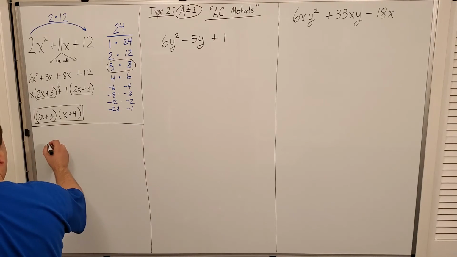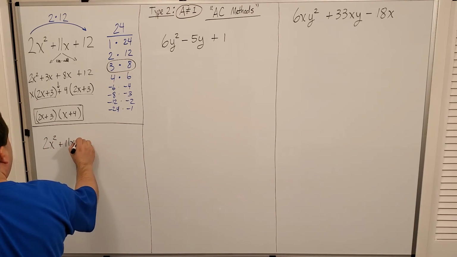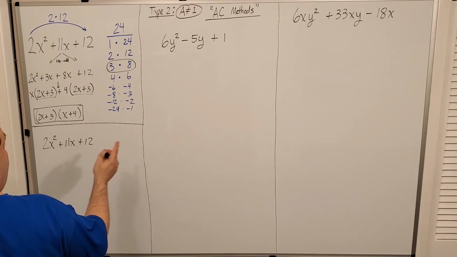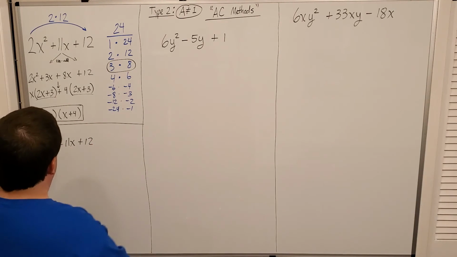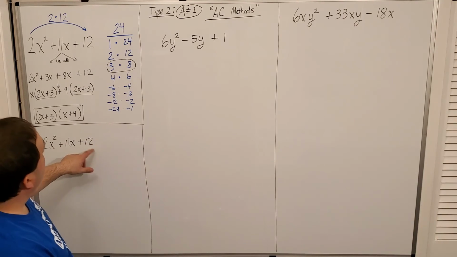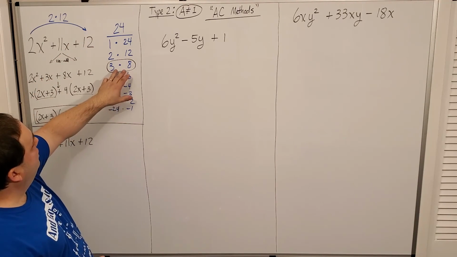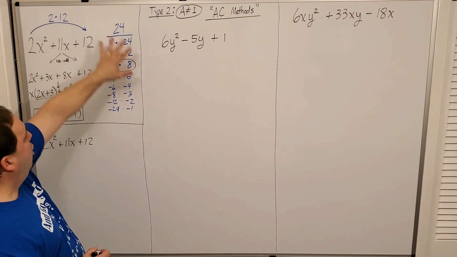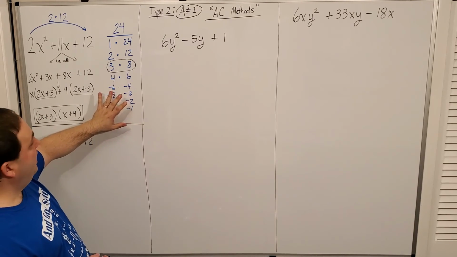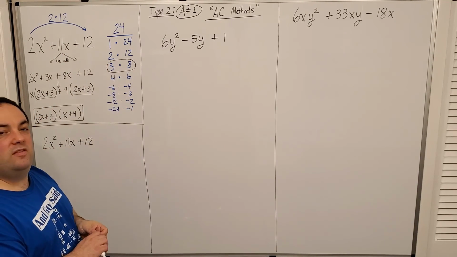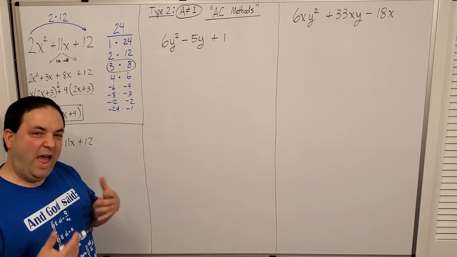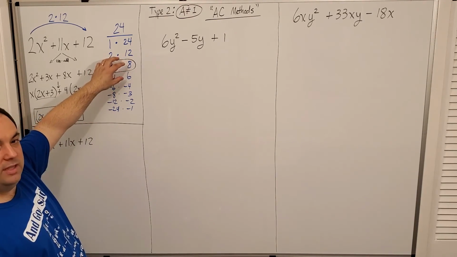So I have my 2x squared plus 11x plus 12. And just like before, I would do the a times the c, 2 times 12, and make my list, and then find the two numbers that add to 11. All of that is the same, okay? You really need that method to pinpoint with a lot of accuracy the pair that you need.